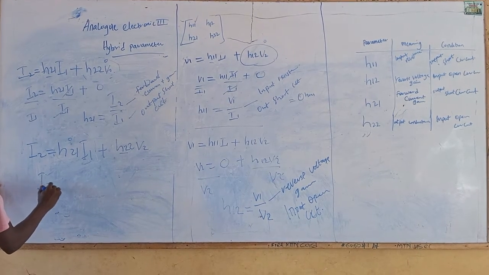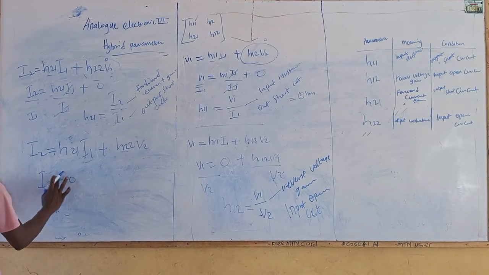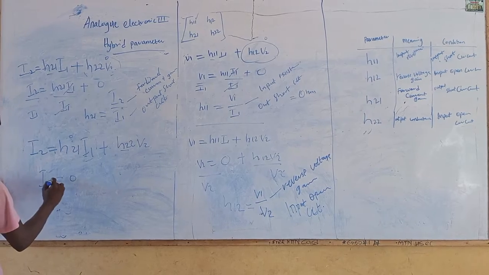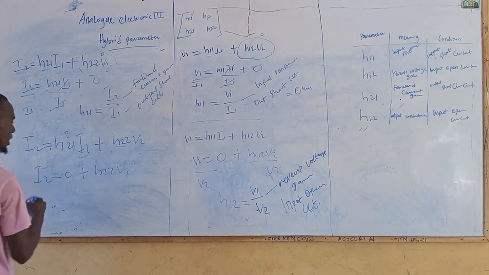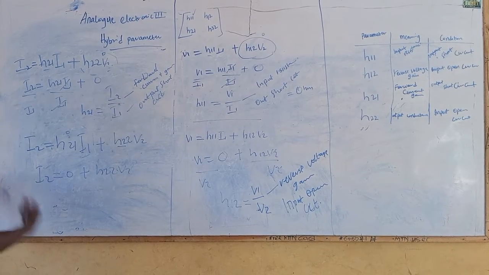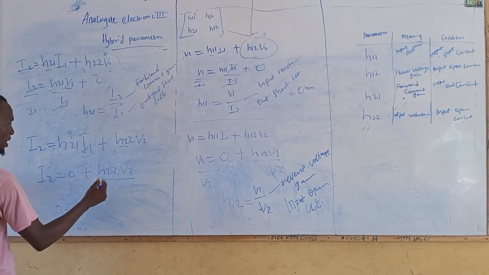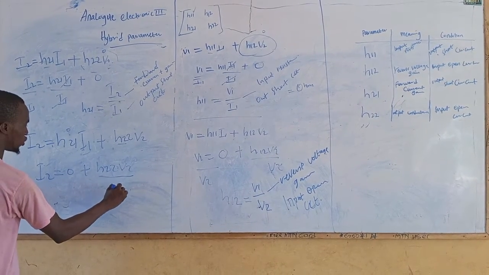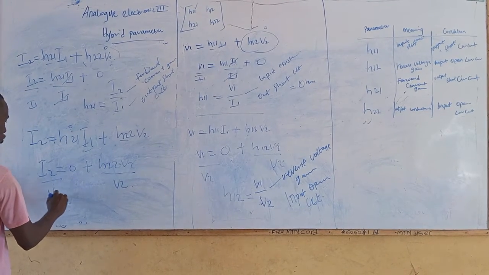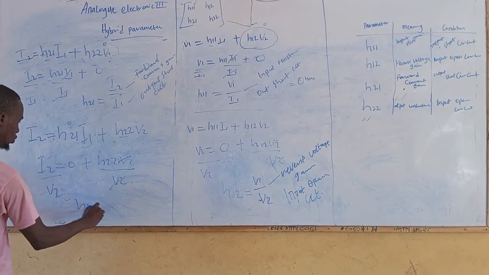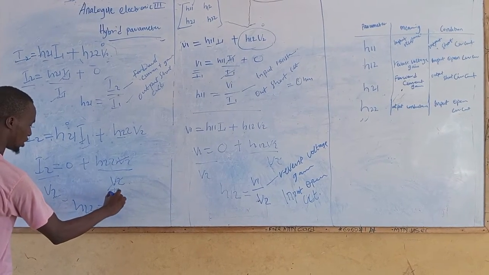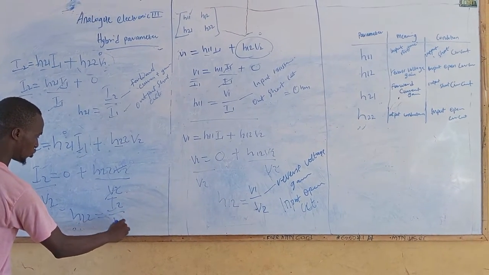We have I2 equal to 0 plus H22 V2. Making H22 the subject of formula, we have H22 equal to I2 over V2.